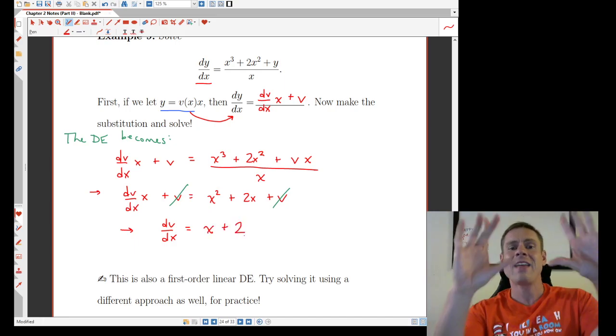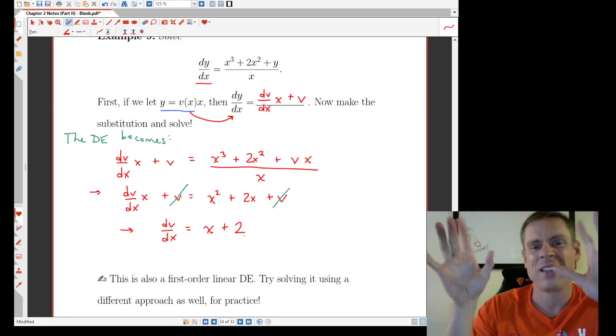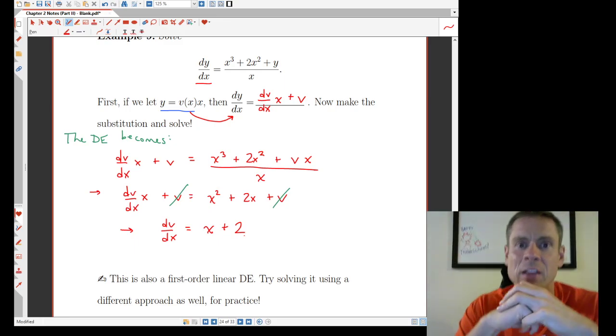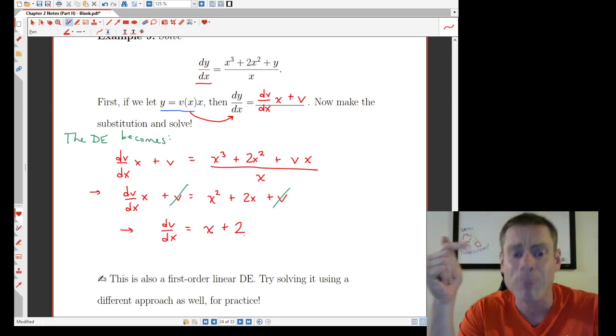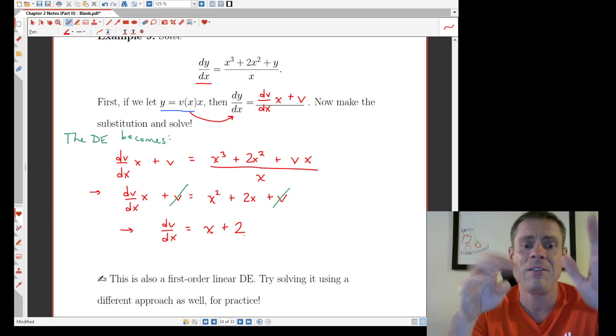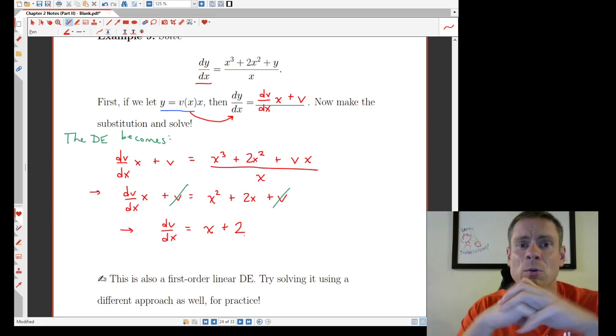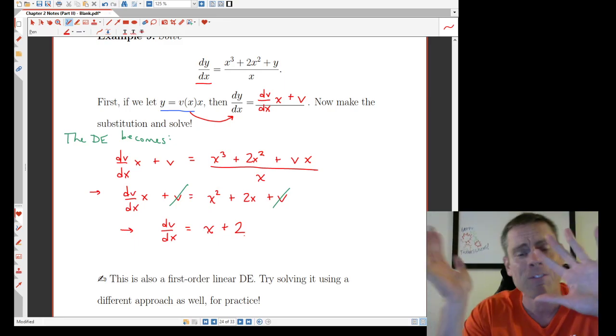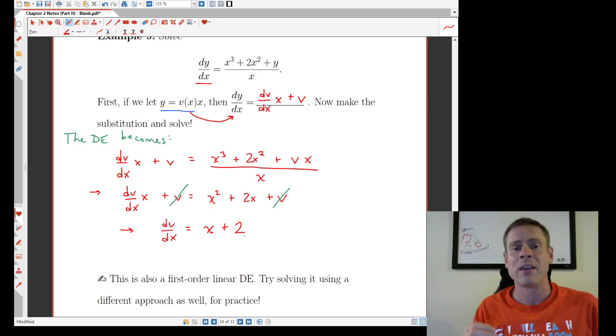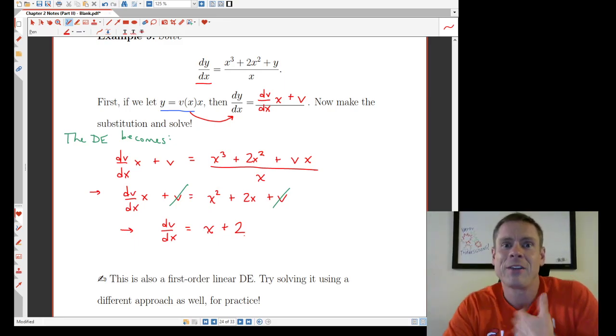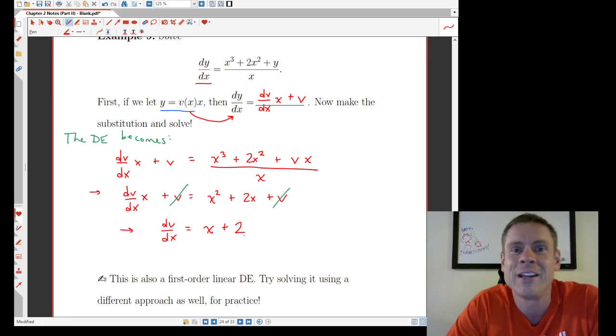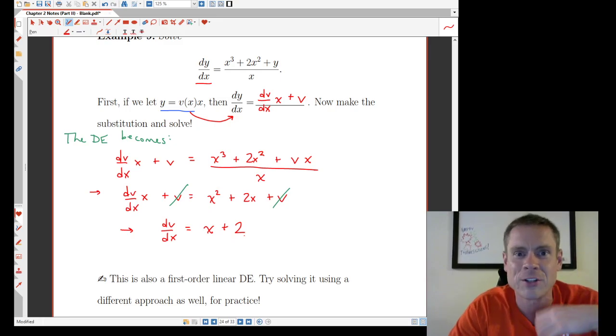So I've taken that differential equation that I started with, with y and x's all in that rational expression, and I've boiled it all the way down to dv/dx equals x plus 2, which is not really a differential equation. It's one of the very easiest differential equations, the kind I put together a video for, and that you watched the very first time we were solving differential equations together.